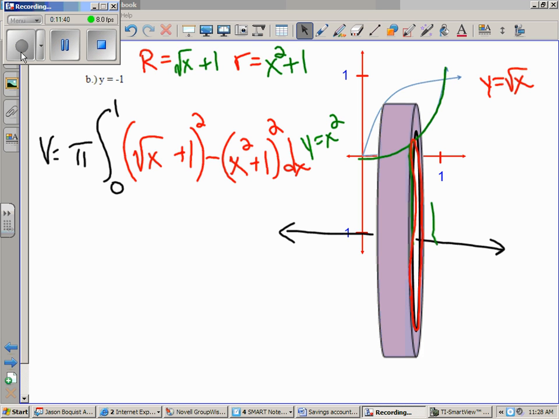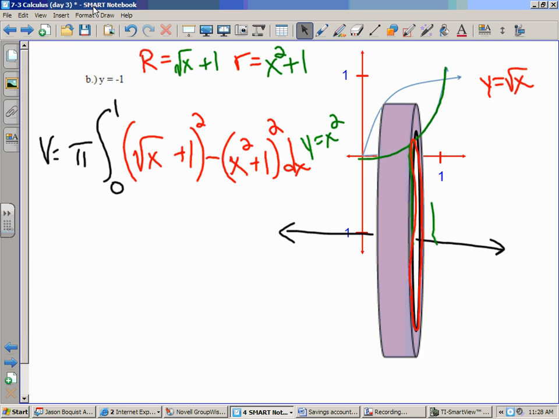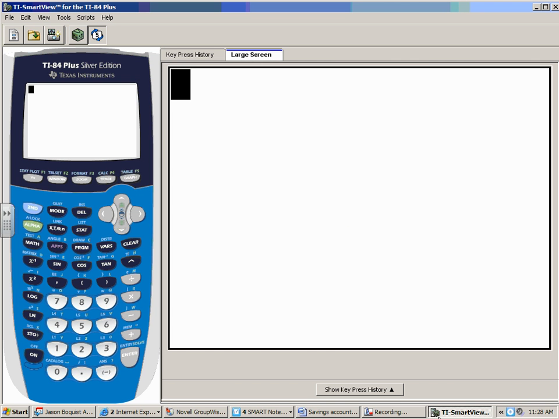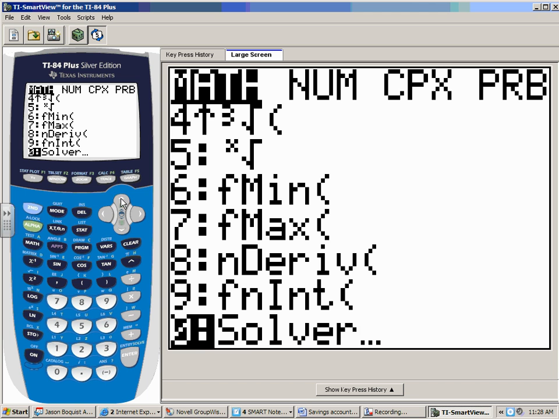Well, let's see how you did here. Again, we'll go to the calculator. So again, if you don't want to do the graphing one, because sometimes that's a lot to type in with that graph.